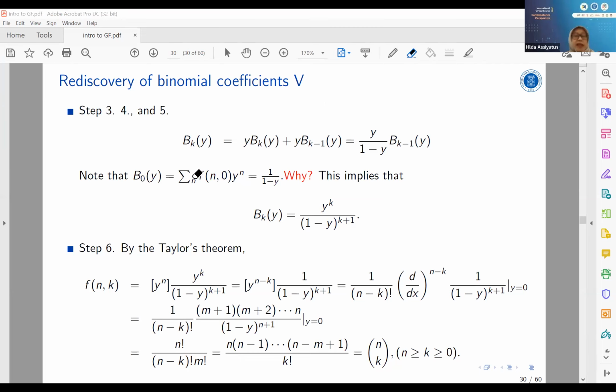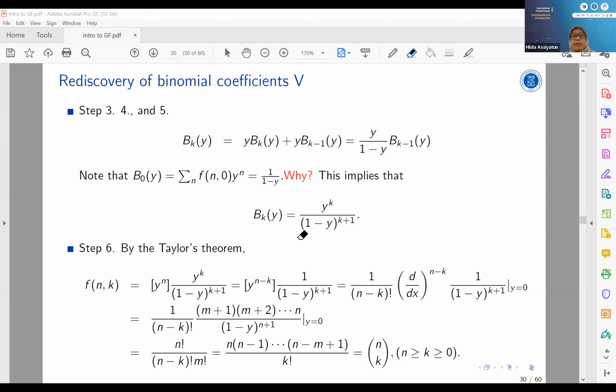Because we know that this is the number of empty subsets, so it should be 1. So we get again the geometric sequence. So with b0y equals this, then iteratively we will have that bky equals to this.